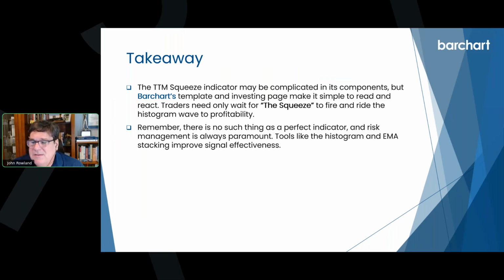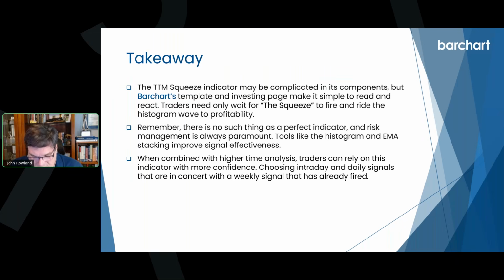Remember that there's no such thing as a perfect indicator, right? And risk management is always paramount. Tools like the histogram and the EMA stackings improve our signal effectiveness. Again, patience, in the convergence of our EMA stackings and that positive price correlation with our histogram.